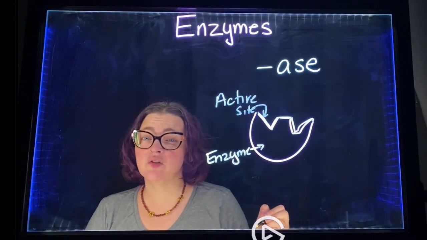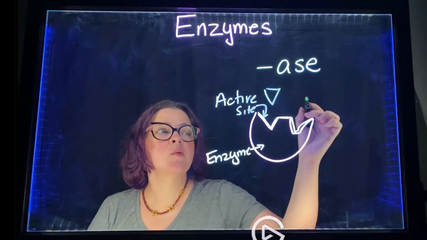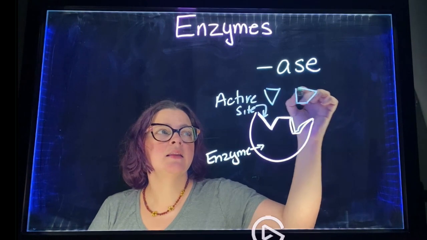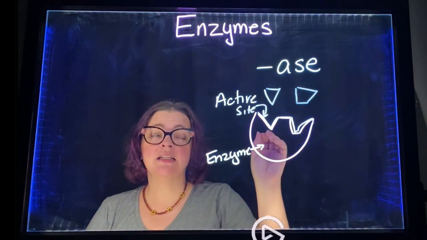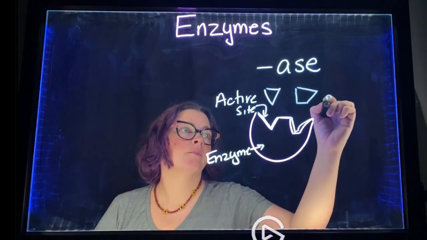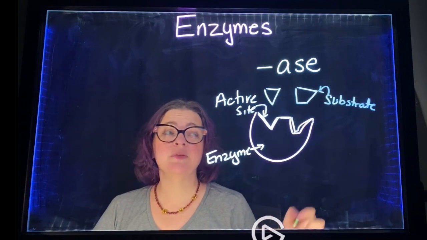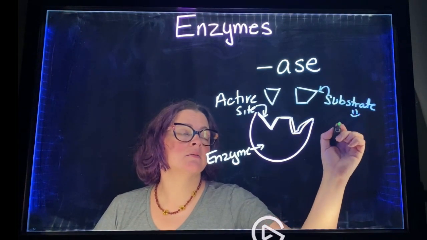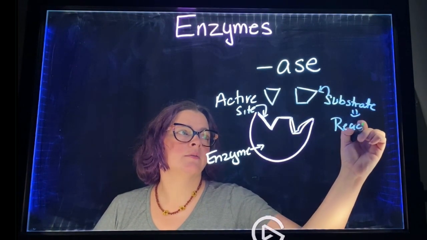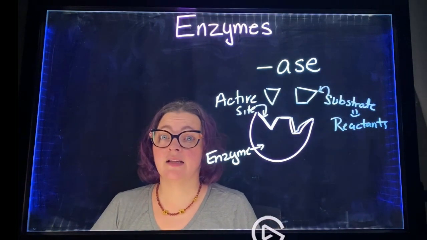We have a substrate. The substrate are the molecules that will sit in the active site, which is going to be specific to that substrate. So the substrate is the reactants in an enzyme catalyzed reaction.